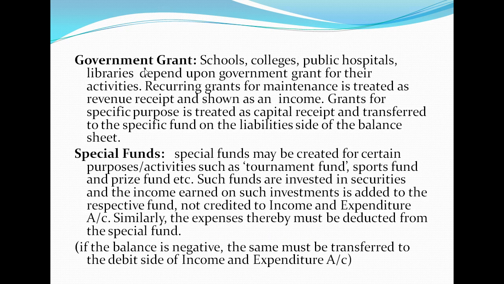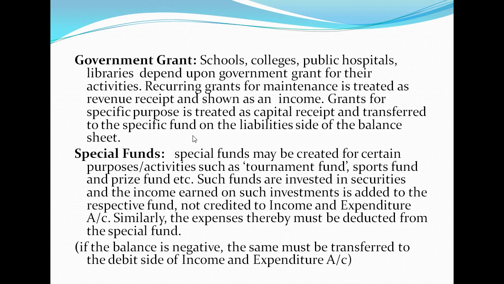Another item that we have to consider is government grant. Schools, colleges, public hospitals and libraries depend upon government grants for their activities. These grants, if recurring in nature, for maintenance, are treated as revenue receipts and are shown as income in the income and expenditure account.